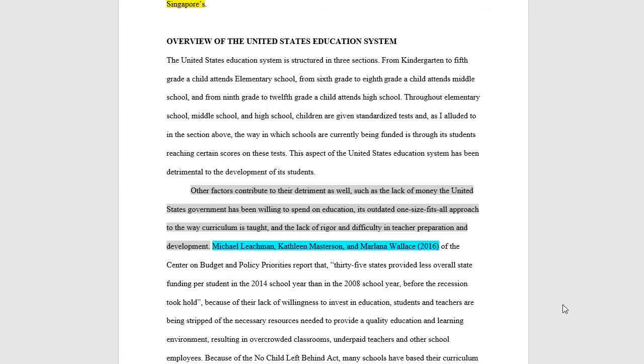We can see an example of this in this first section. The area highlighted in gray establishes the writer's point. He's saying that there are specific factors that are creating negative impacts in the United States educational system, and that has to do with willingness to spend on education, its one-size-fits-all approach, and the lack of rigor in teacher preparation.